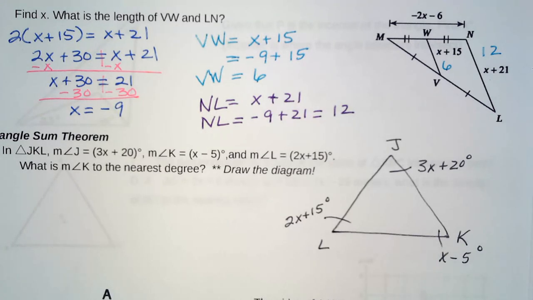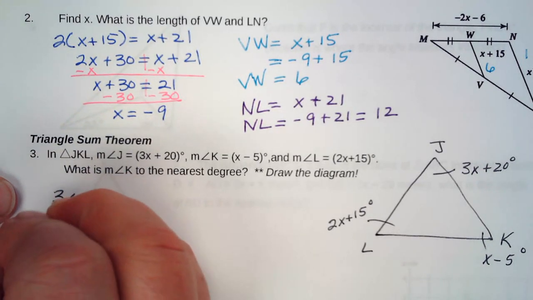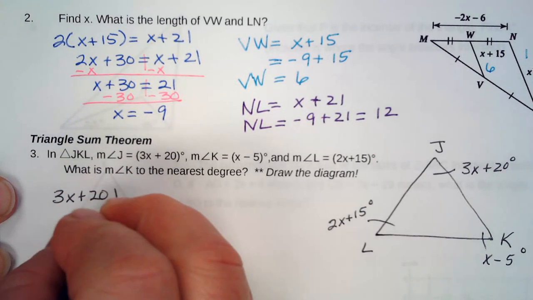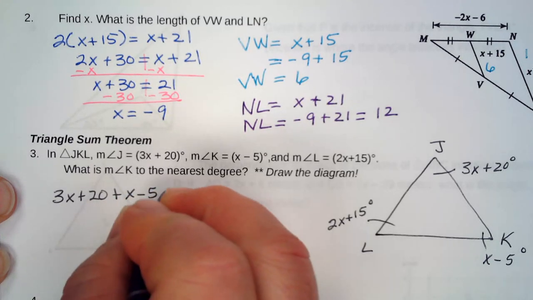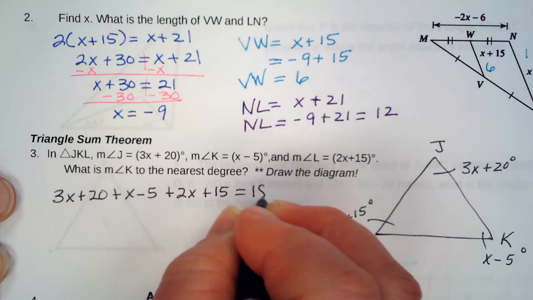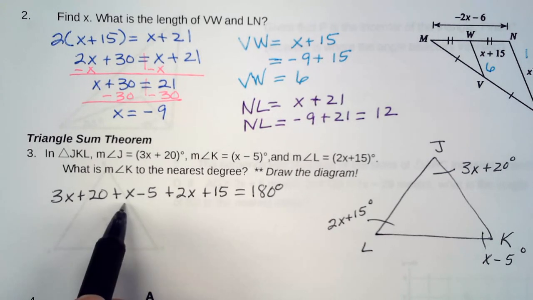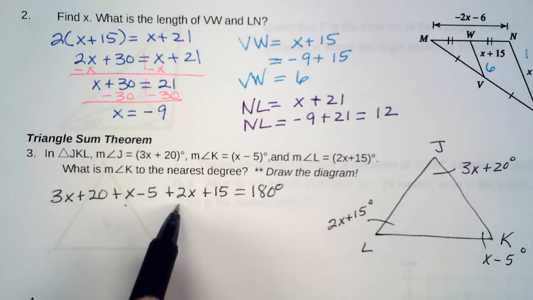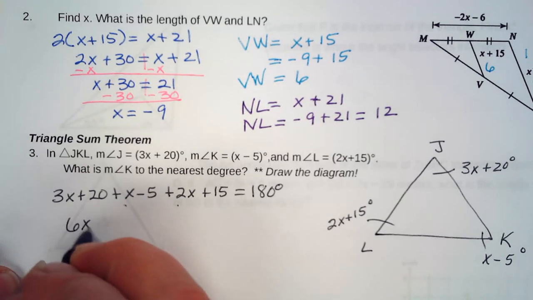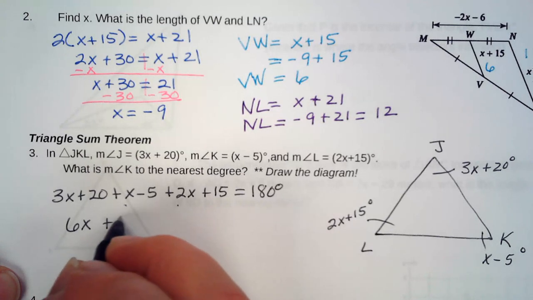Well, they add up to 180 degrees. 3x plus 20 plus x minus 5 plus 2x plus 15 is equal to 180 degrees. Combine your like terms. 3x plus 1x is 4x, plus 2x is 6x. 20 minus 5 is 15. 15 plus 15 is 30.